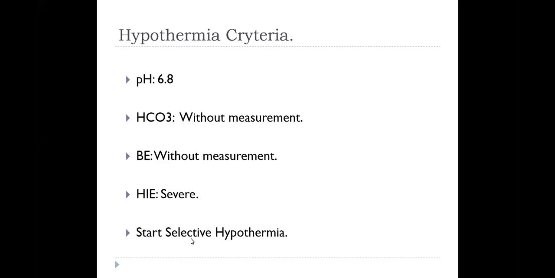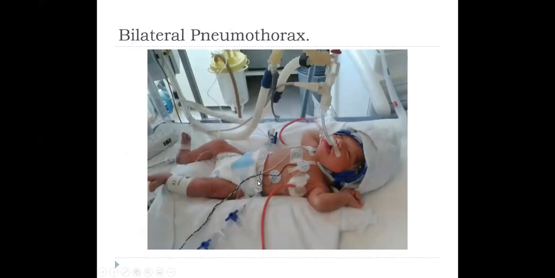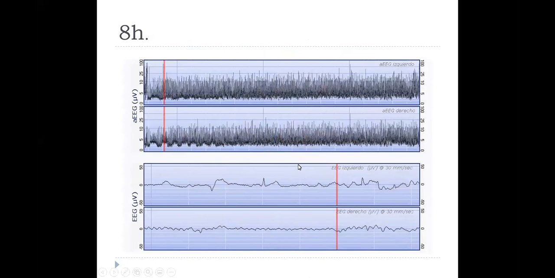Start selective hypothermia. The baby developed a bilateral pneumothorax, and we are using the CoolCap system. At 8 hours, you can see this pattern is an abnormal pattern. It looks like a discontinuous pattern, but at times you can see this baseline with the tooth, like burst suppression, and starting with scissors.